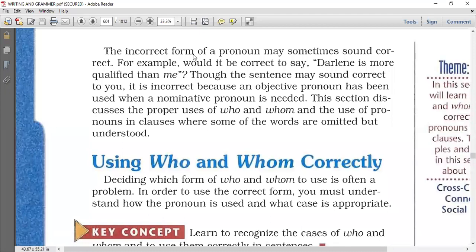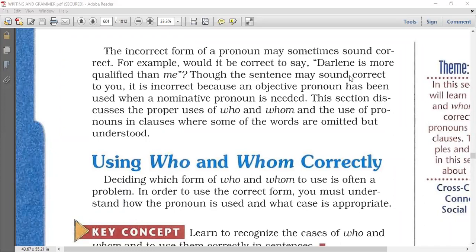The incorrect form of a pronoun may sometimes sound correct. For example, would it be correct to say, Darlene is more qualified than me? We say it this way in spoken English.